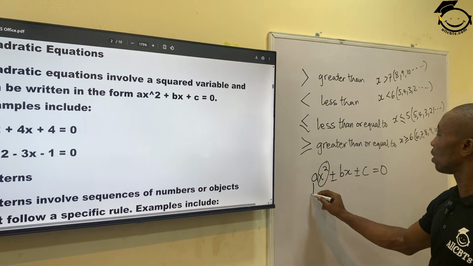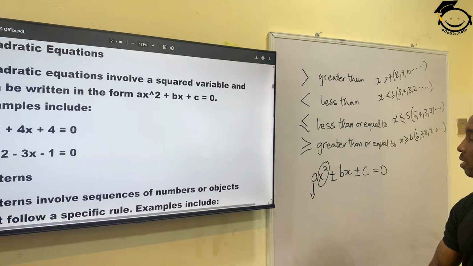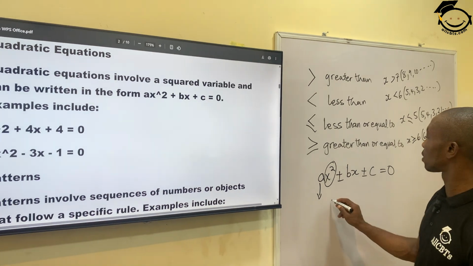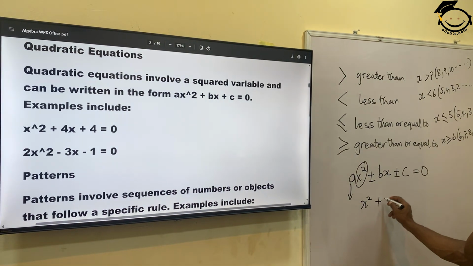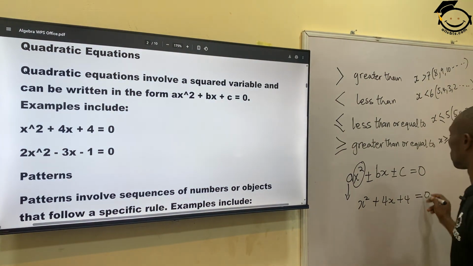Here a, b, and c are constants. The first example is x squared plus 4x plus 4 equals 0.